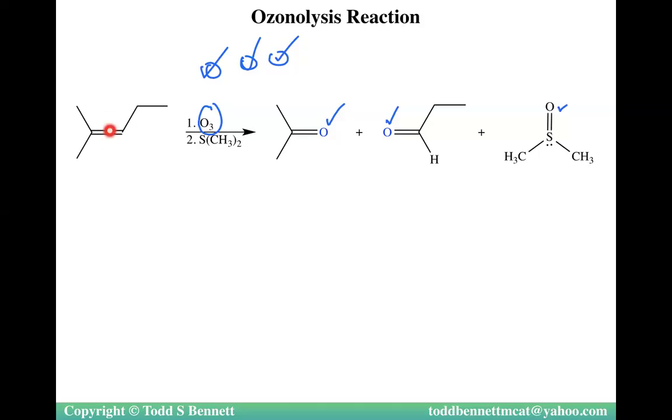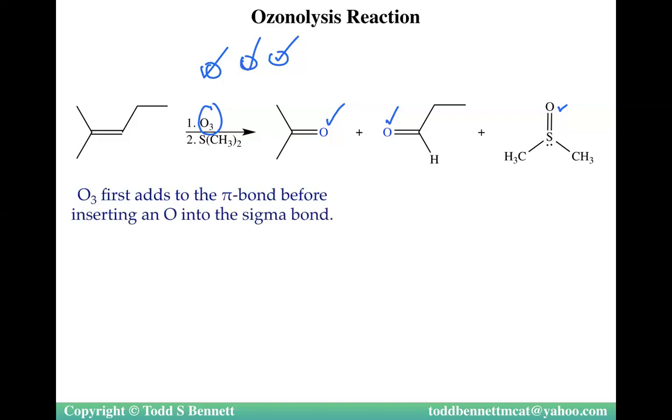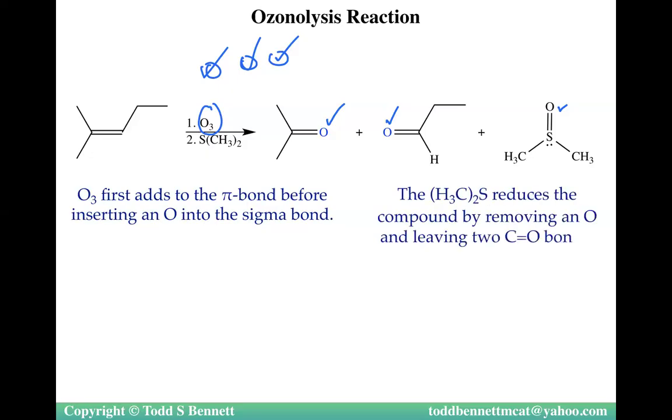So note that this has no oxygens. Now you've had 2. The sulfur has no oxygen. Now it has 1. All your O's are accounted for. So O3 adds first to the pi bond before inserting an O into the sigma bond. It is really bizarre how this works. And then the dimethyl sulfide comes in and becomes dimethyl sulfoxide by picking up that third unloved, unwanted oxygen.